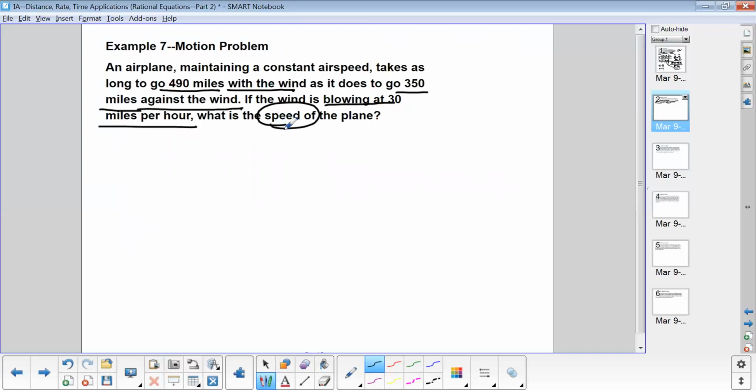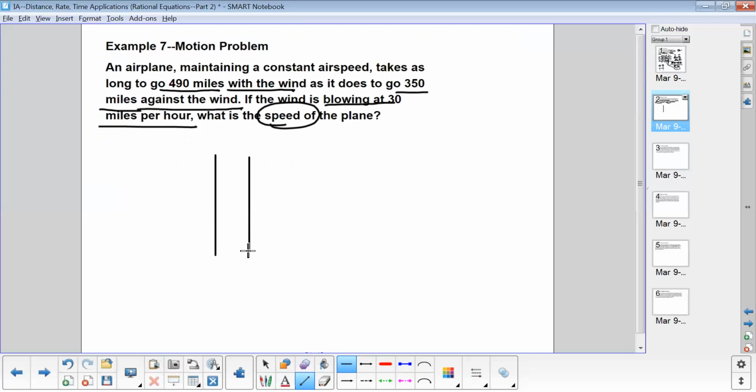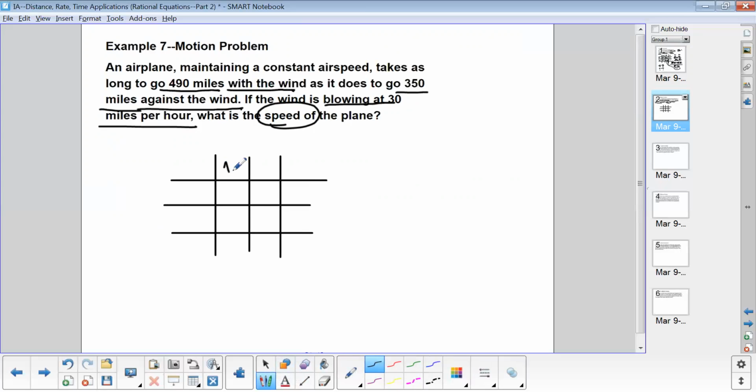We're trying to find the speed of the plane, so we're solving for R. So I've got my distance, my rate, my time, with the wind and against the wind.